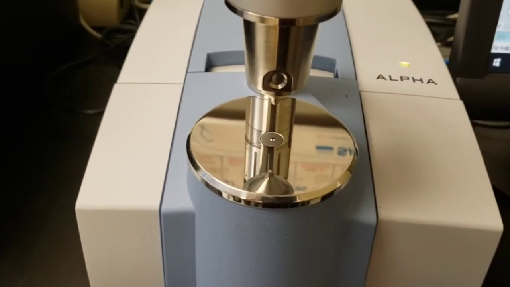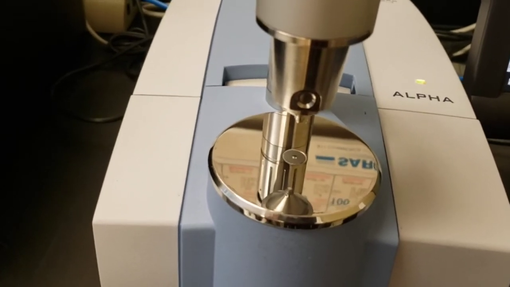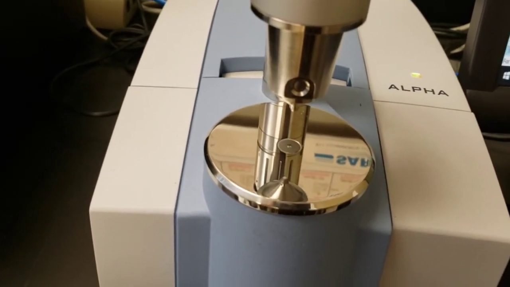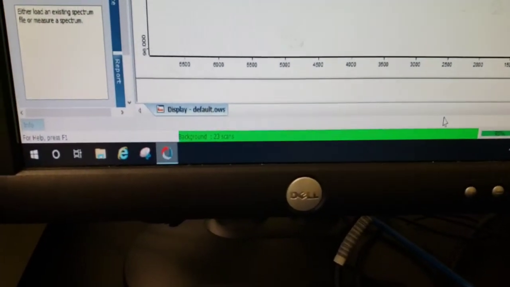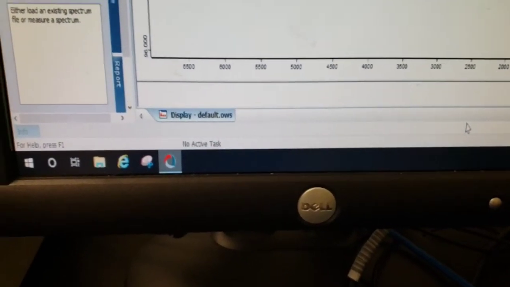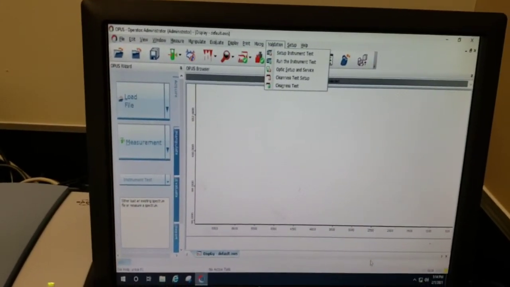So this will remove water vapor, moisture, and carbon dioxide from our spectra. Scans run, and now this instrument is ready to accept a sample.